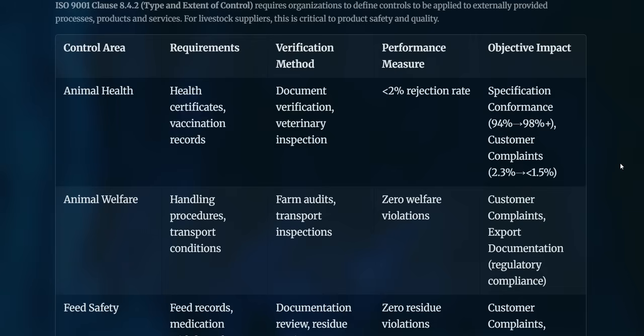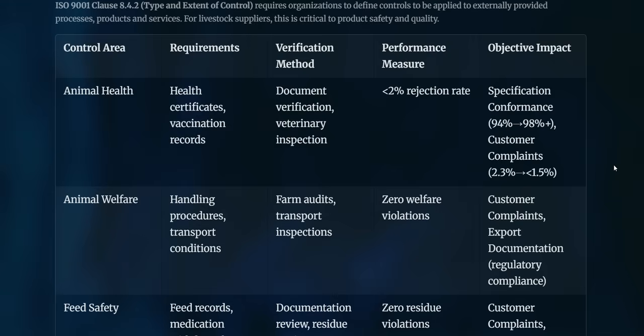We include document verification and veterinary inspection. How do you measure this performance? It must be under 2% rejection rate. And the quality objective impact includes specifications conformance that we need to improve to 98%, and customer complaints that we need to reduce to 1.5.